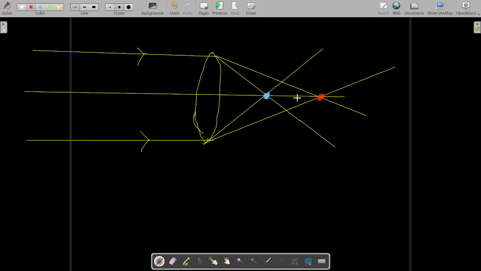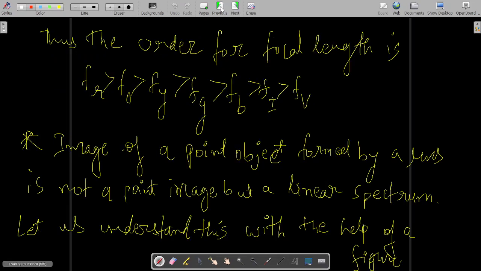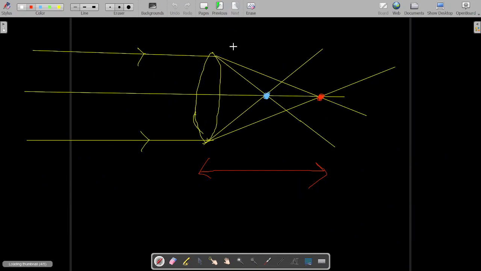As the rays are coming from infinity, they are focused at the focal length. This is your focal length for the red color, and I have already told you that the focal length for the red color is maximum and the focal length for violet color is minimum. So this is the point at which violet color is focused.